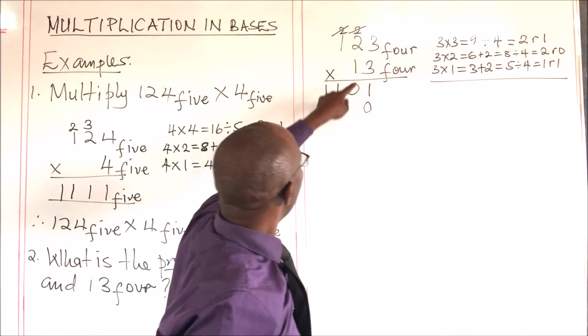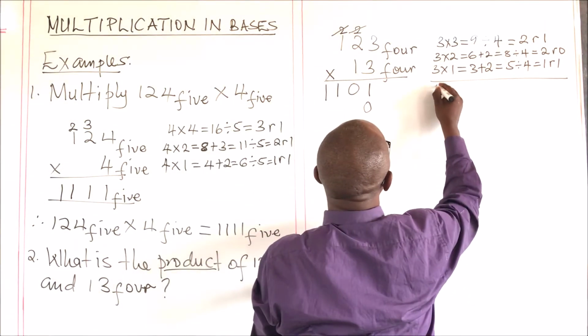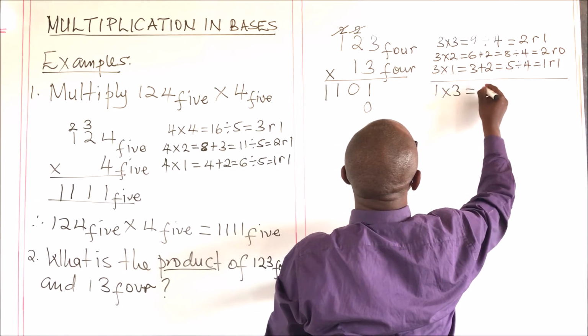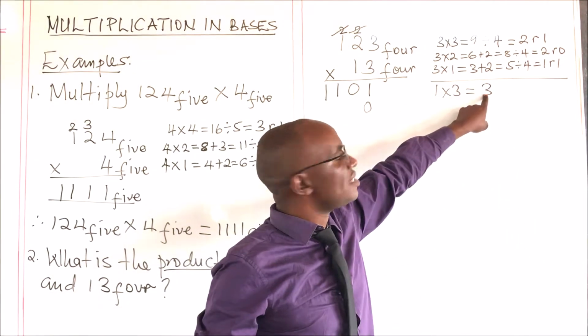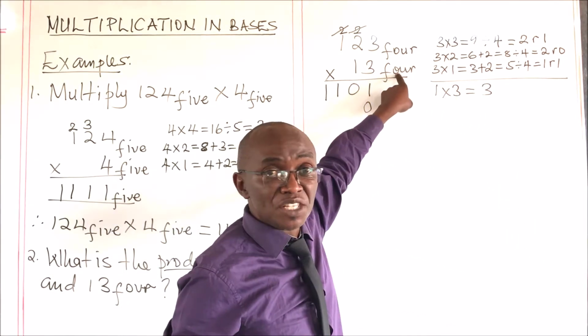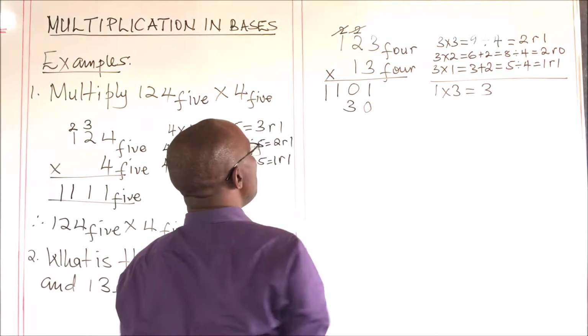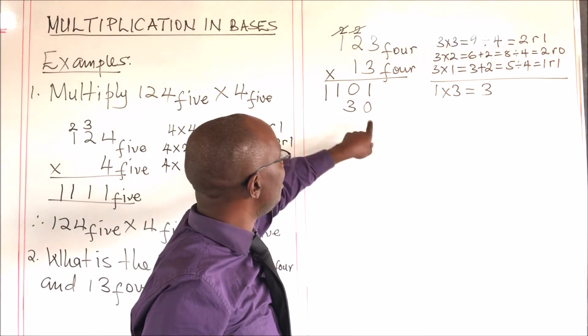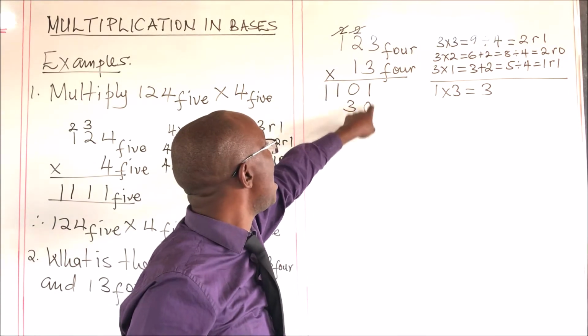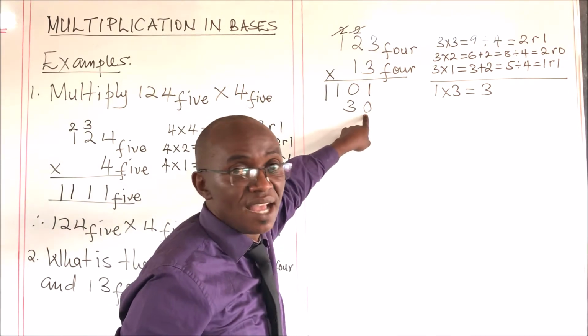So now we multiply 1 times 3, we get 3. 3 is less than 4, so 3 can be written in base 4. But remember, before you multiply with a second digit, write 0 as a placeholder under the place of 1s. Are we together?